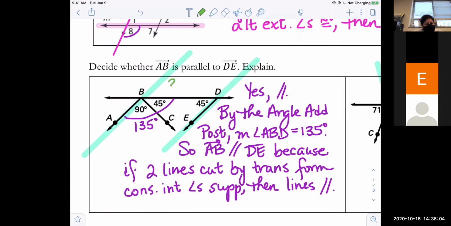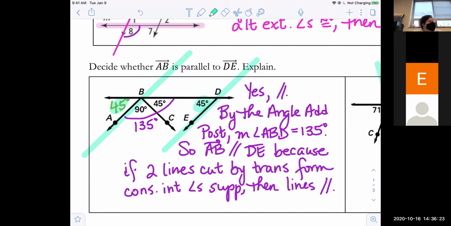Did you find that one or this one? The second one? Uh-huh. So that one is 45. And then instead of using consecutive interior angles, you're using what? You're using corresponding.